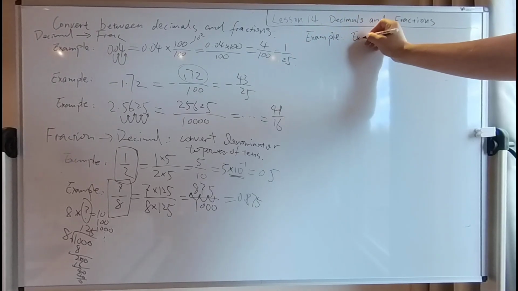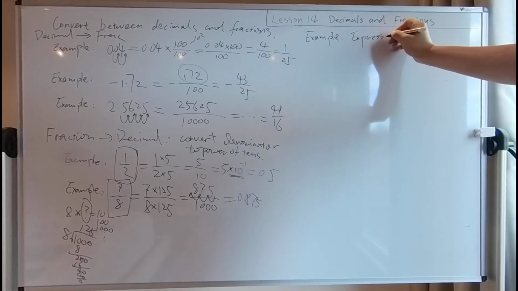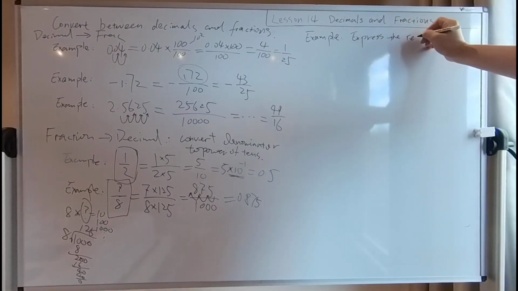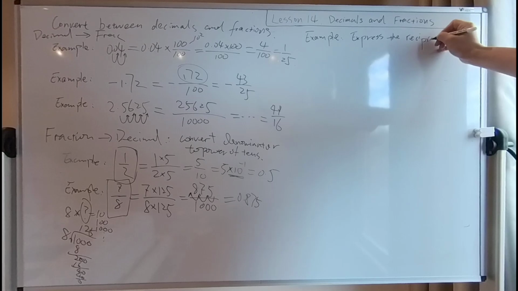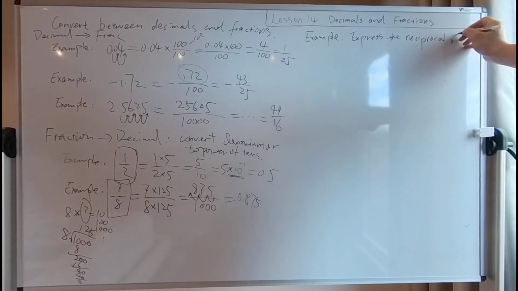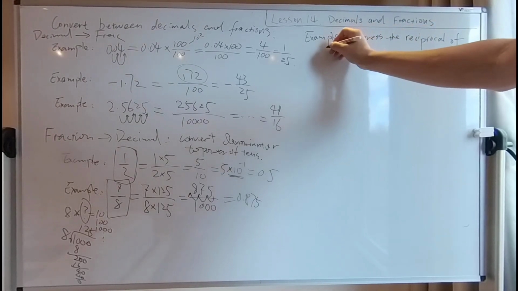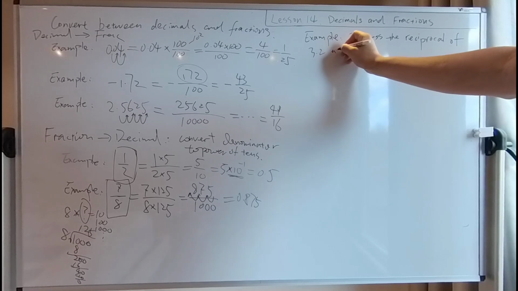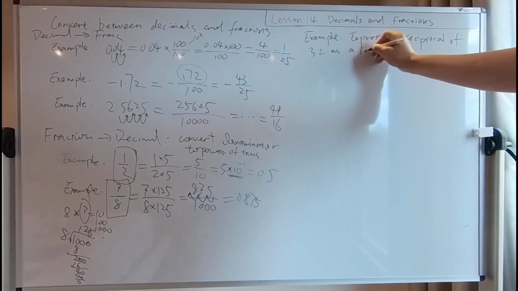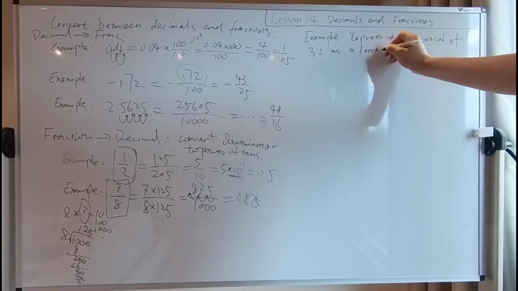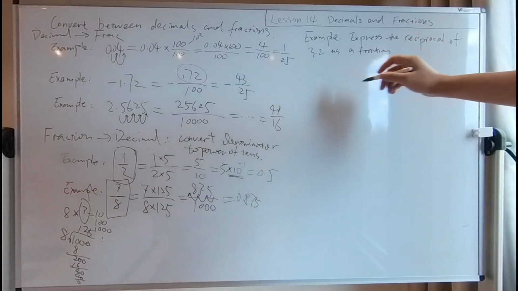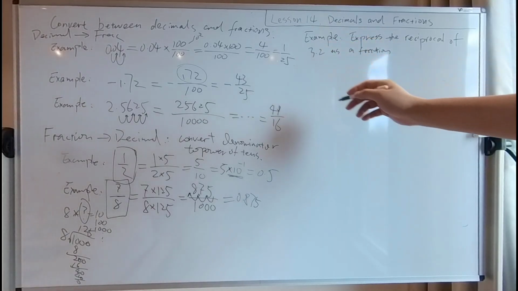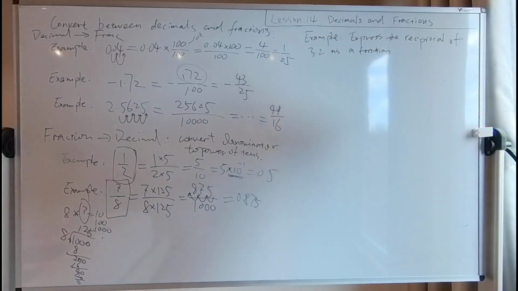This one asks to express the reciprocal of 3.2 as a fraction. So first of all, you need to find the reciprocal of 3.2 and then express that as a fraction.